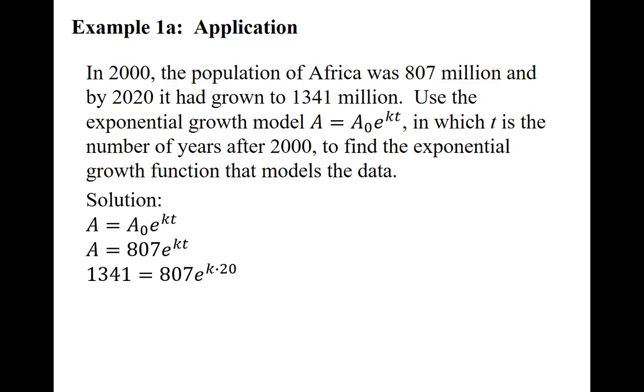Now we need to solve for k. We need to know what our constant of growth or decay is. So to get the e to the 20k by itself, we need to divide both sides by 807.